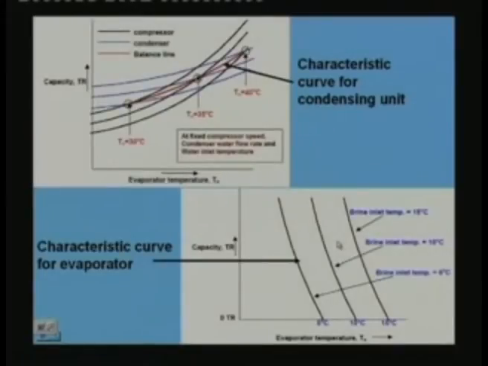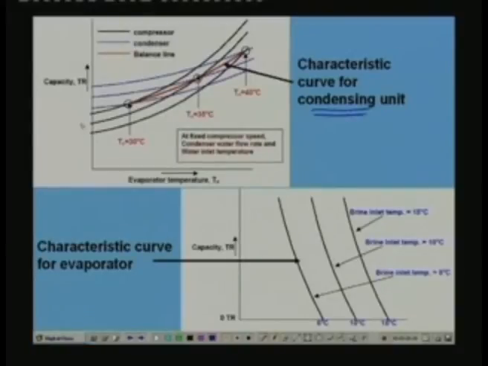So just like we have done for the compressor and the condenser, here again we superimpose the performance characteristics of the condensing unit, because we are trying to find the performance of the entire system. So we take the condensing unit characteristics and we superimpose this curve onto the evaporator characteristic curve. This is the evaporator characteristic curve.